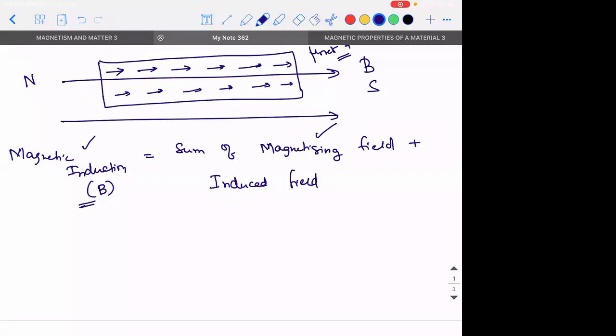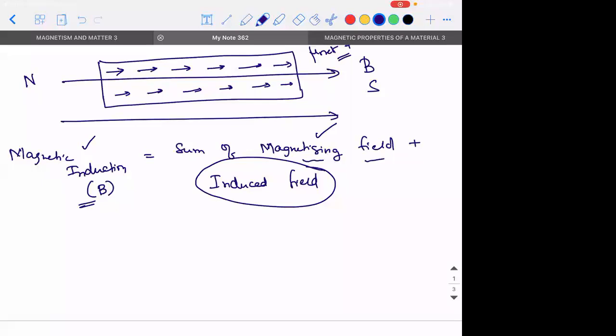Now I have a question. You understood what is meant by the induced field. Where is it getting generated from? It is generated when the dipoles inside the magnetic substance experience torque and get aligned in the direction of the magnetic field. Now, what do you mean by magnetizing field?